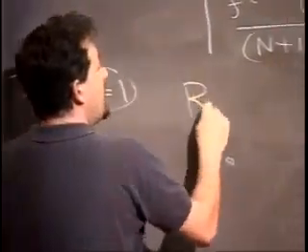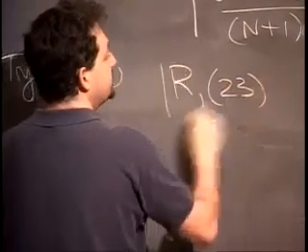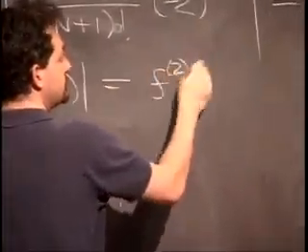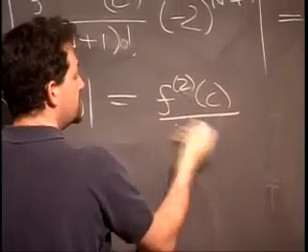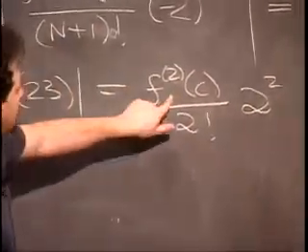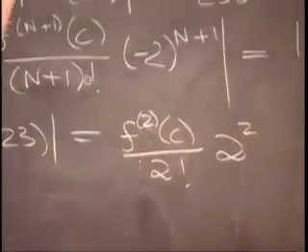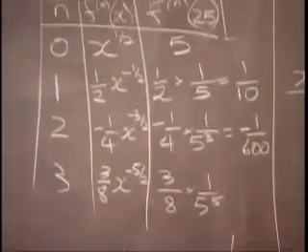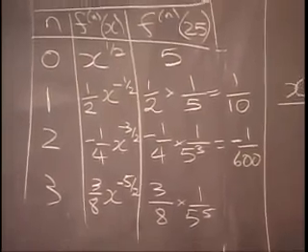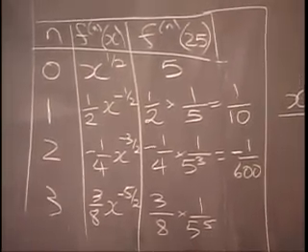So R1 of 23 in absolute value is the second derivative at c over 2 factorial times 2 squared. Well, now, the second derivative, look up in the table there. We don't want the second derivative at 25. Actually, we have no use for the right-hand column yet. We are interested in the middle column.